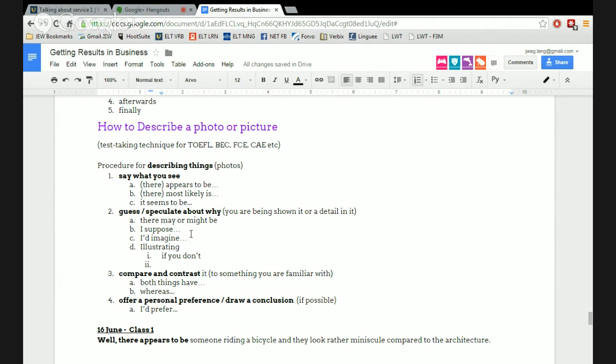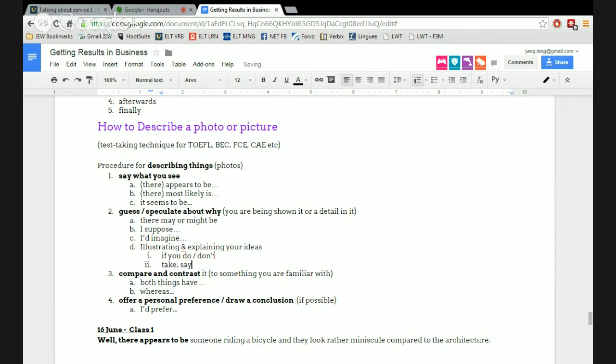And then illustrating. Now this one's more confusing. Look, if you do or don't. So this is what I mean. Illustrating and explaining your ideas. If you do, if you don't, what's another good illustration?